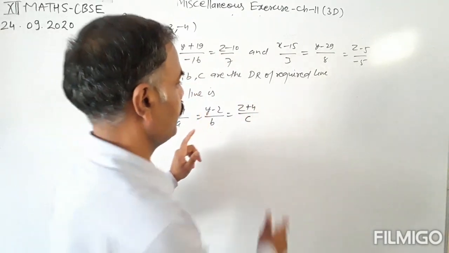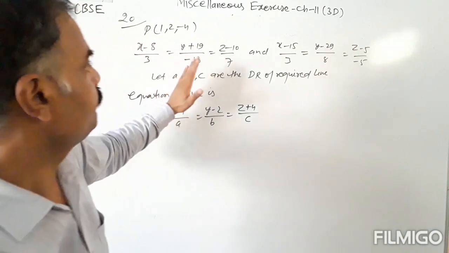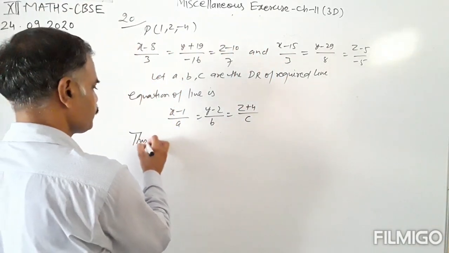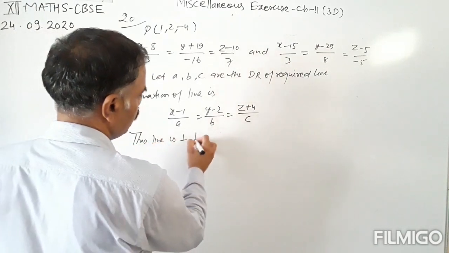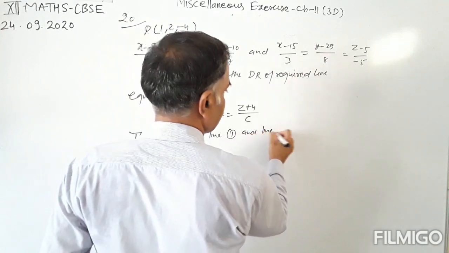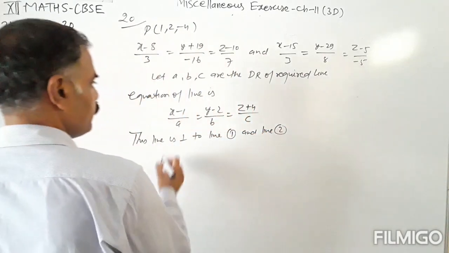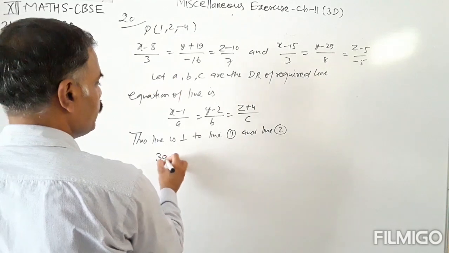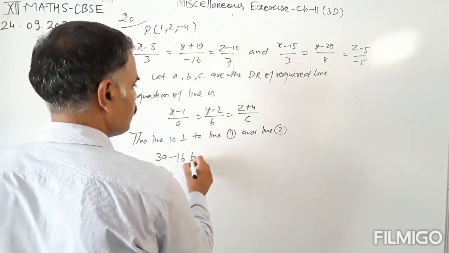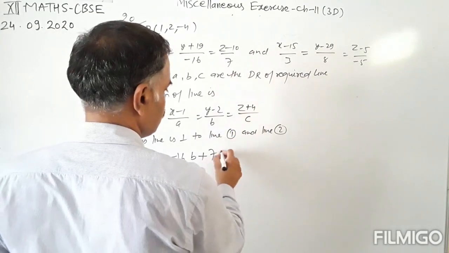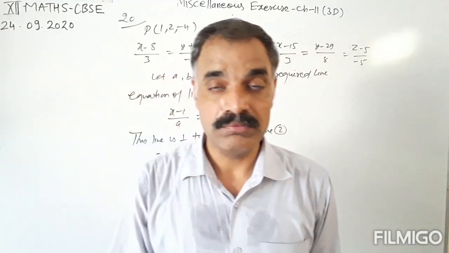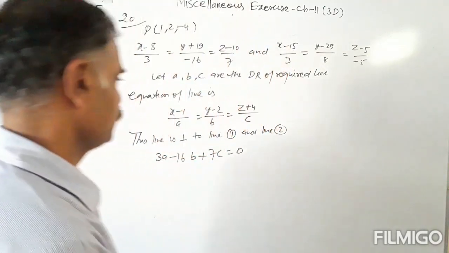Now this third line is perpendicular to the first line and the second line. So 3A minus 16B plus 7C is equal to 0, using A1A2 plus B1B2 plus C1C2 equals 0.